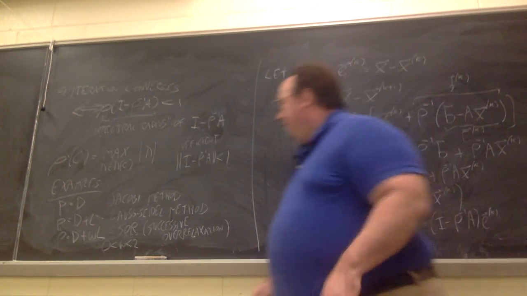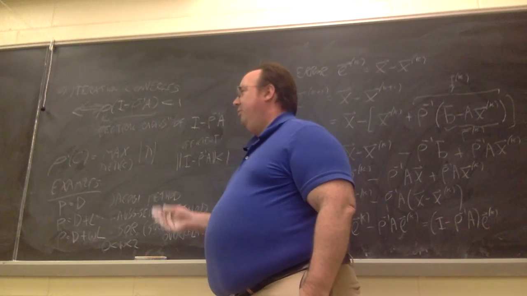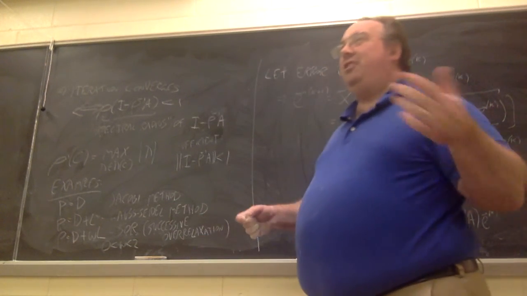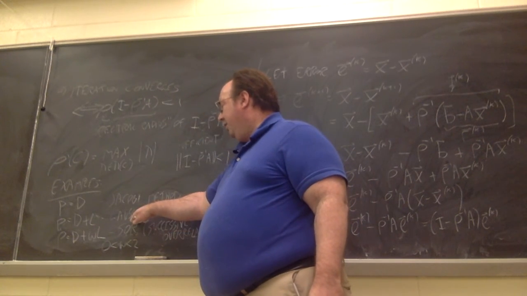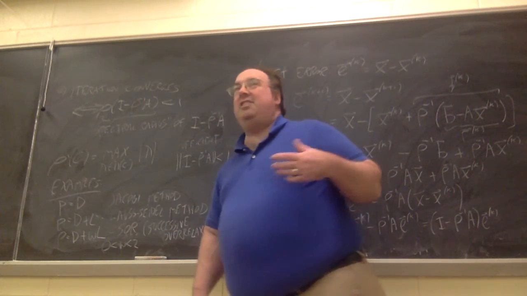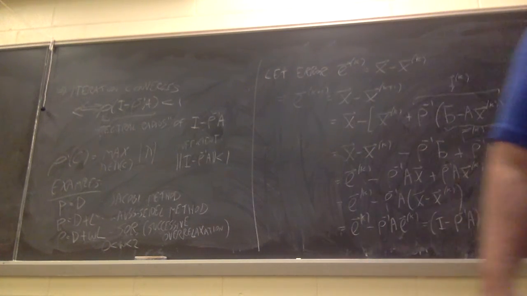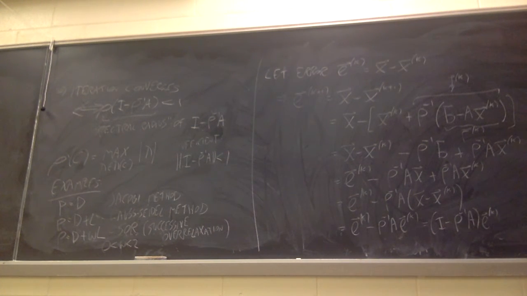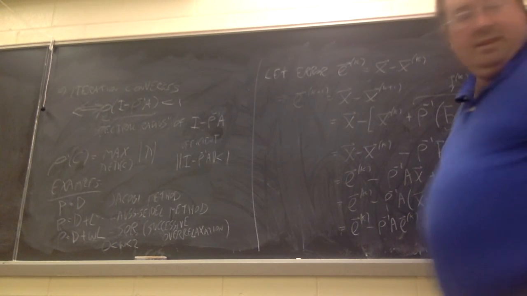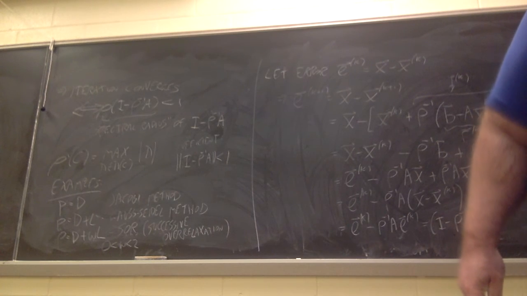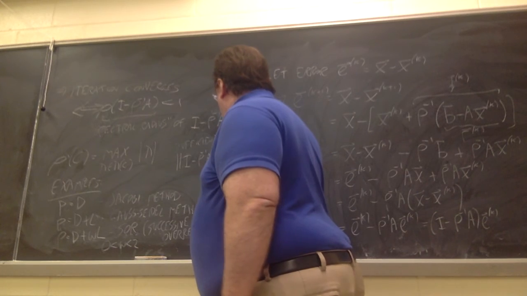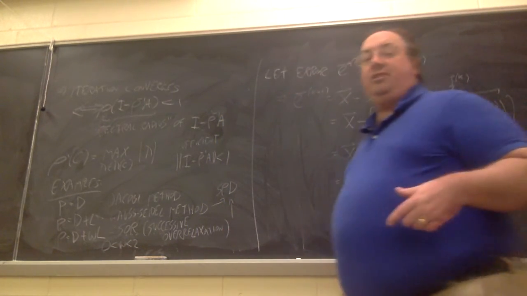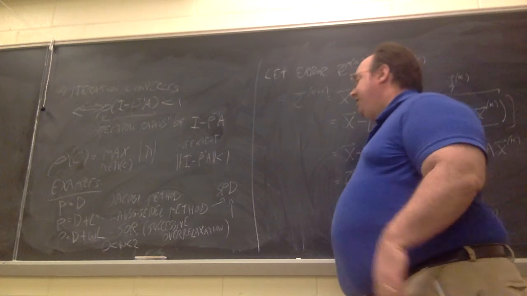Generally, for problems that we deal with, like from Poisson's equation, if you can choose the right omega, this would be the best method. This is still quite good and tends to be better than this, but it's not always so clear cut. The Jacobi method can be very effective, sometimes more effective than Gauss-Seidel in certain situations. Both of these are guaranteed to converge if the matrix is symmetric positive definite.